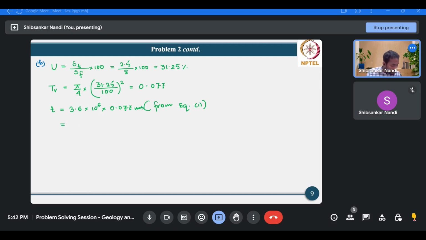So 3.6 into 10 to the power 6 multiplied by 0.077, it's 277,200 minutes divided by 60 multiplied by 24.